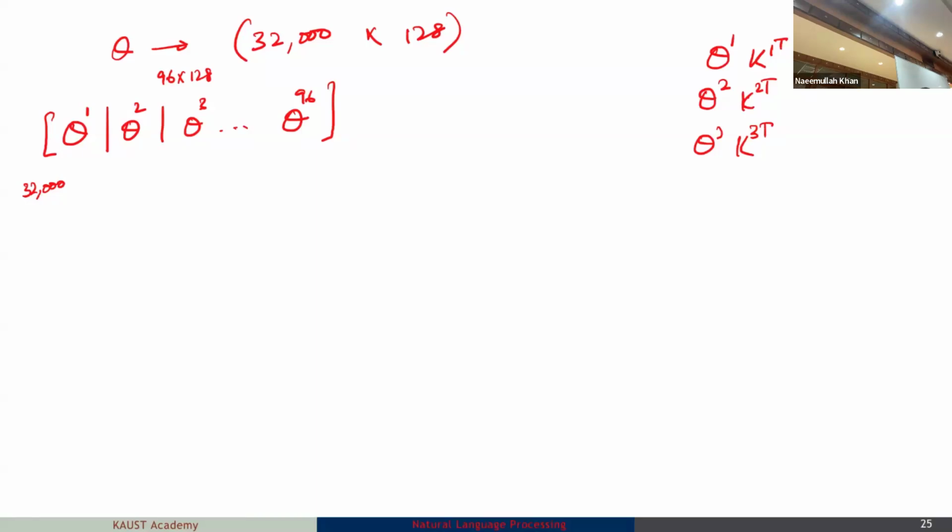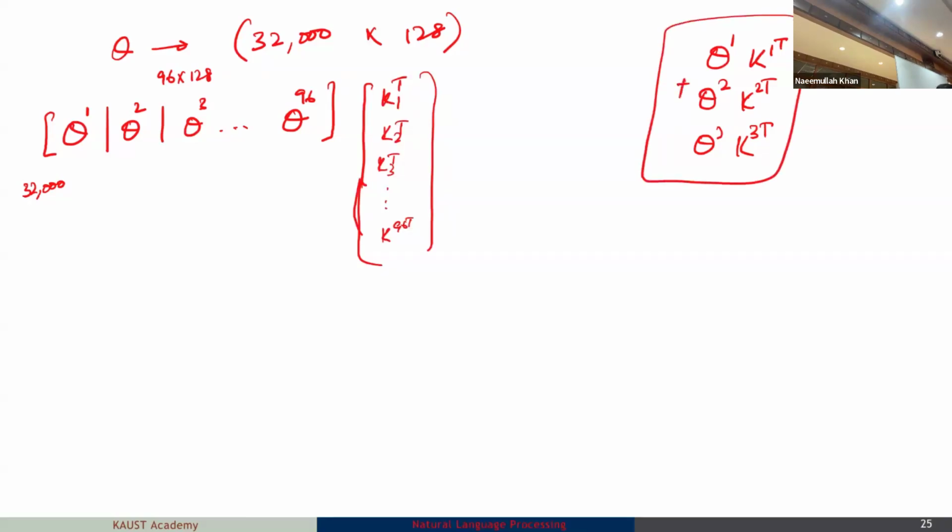So what our friend is saying is, let's do K1 transpose, K2 transpose, K3 transpose, all the way till K96 transpose. When I do that, you will see that this would not be this. It would be this. And I don't want that, because then it's not multi-headed. I don't want to add the outputs. I want to keep each one of them separately. So this would not work.